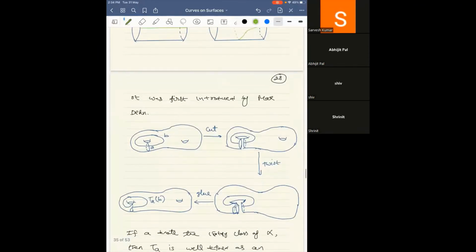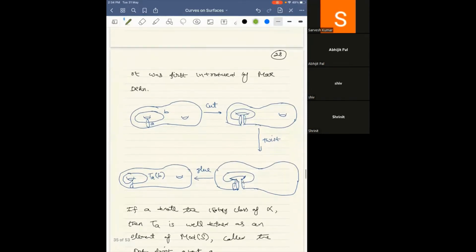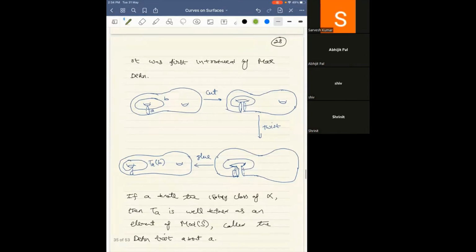Okay. So here is another picture, for a genus 2 surface. This is a picture again from the textbook. Just look at two curves A and B. So what really is a Dehn twist?